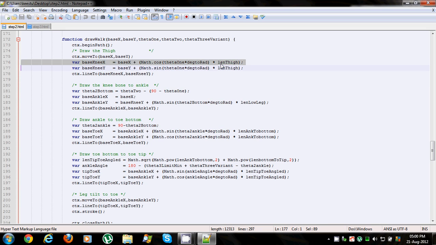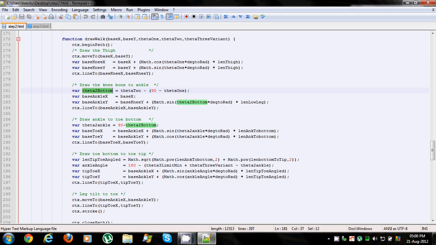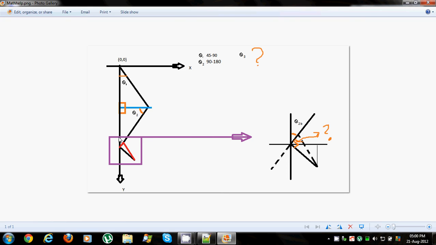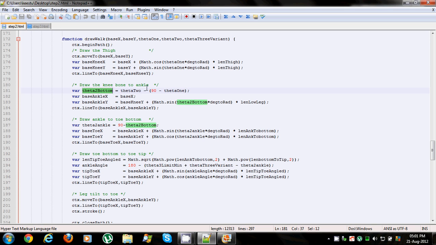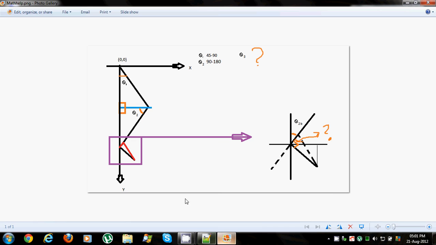Theta 1 multiplied by the length of the thigh is going to give you the knee, the line 2. Theta 2 bottom, if you remember the diagram, would be 90 minus theta 2 minus 90 minus theta 1, as calculated before. Again, use the same calculation. Remember, the base won't change for the ankle. That is, this ankle is going to remain at this point only.